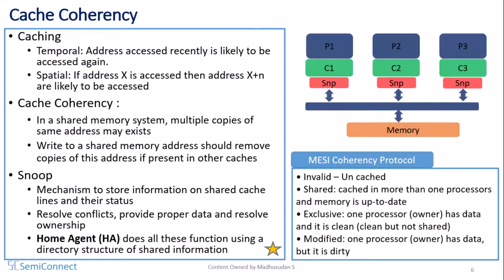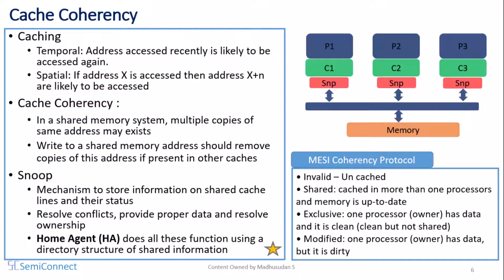So for every cache line, at cache line granularity, some state information is maintained, say, invalid. When you say the cache line is invalid, that means it is not cached in any of the caches in the CPU. And when you say the cache line is in a shared state, that means it is cached in more than one processor, and the memory is up to date.